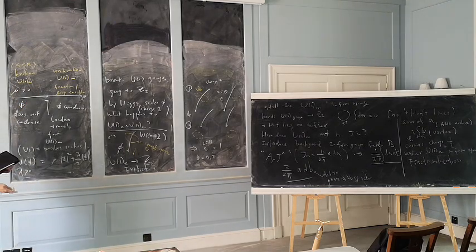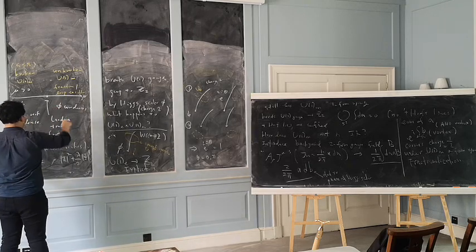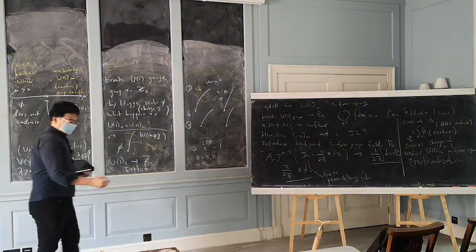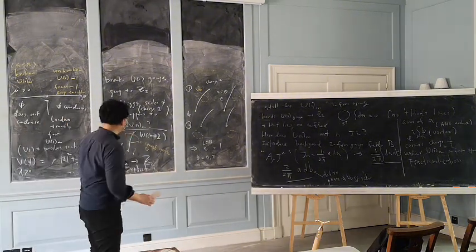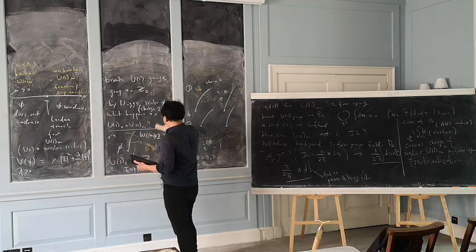And when mu is negative, the potential is going to have many minima, so this is the case where phi condenses. Let me try to draw the potential, because I can erase this.